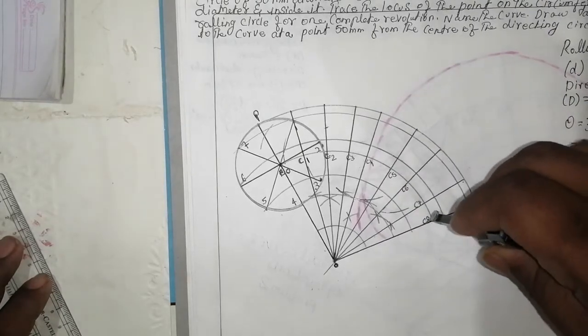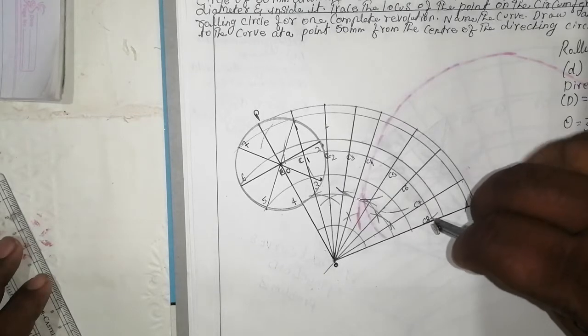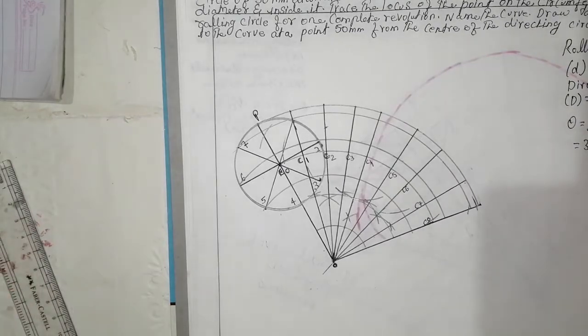Again at C8, cut one arc. So the arc will come like this. I'll show you in color.